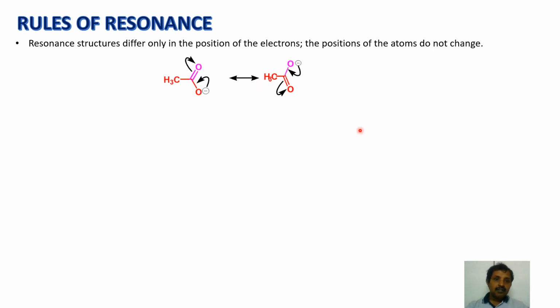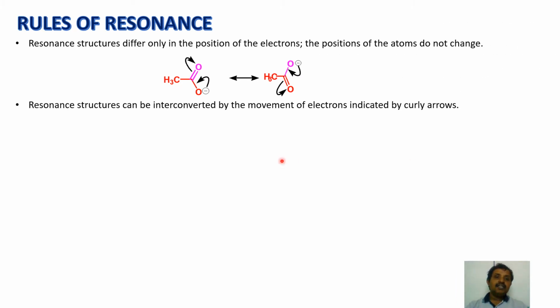Here the electrons are moving from here, forming a double bond, and this double bond undergoes cleavage and forms a negative charge. Only the movement of the electrons takes place, but the original atoms are intact. They are not involved in the movement.